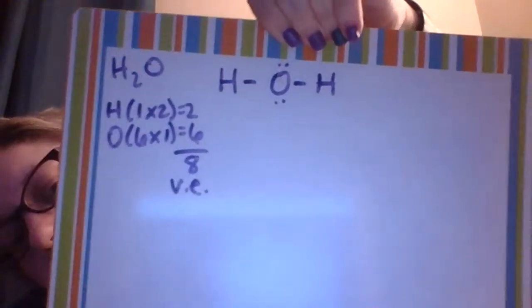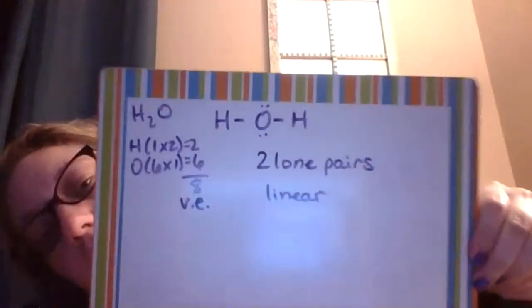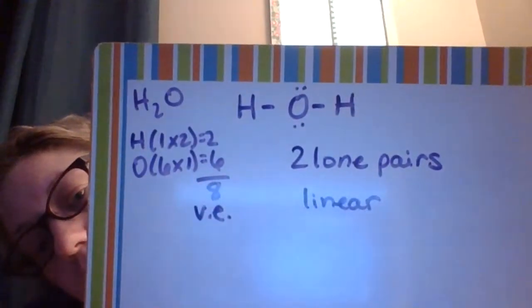We have 2 lone pairs to put on oxygen to make up our 8 electrons for our Lewis structure. So there are 2 lone pairs on H2O, and the shape is linear. So that is the answer for that.